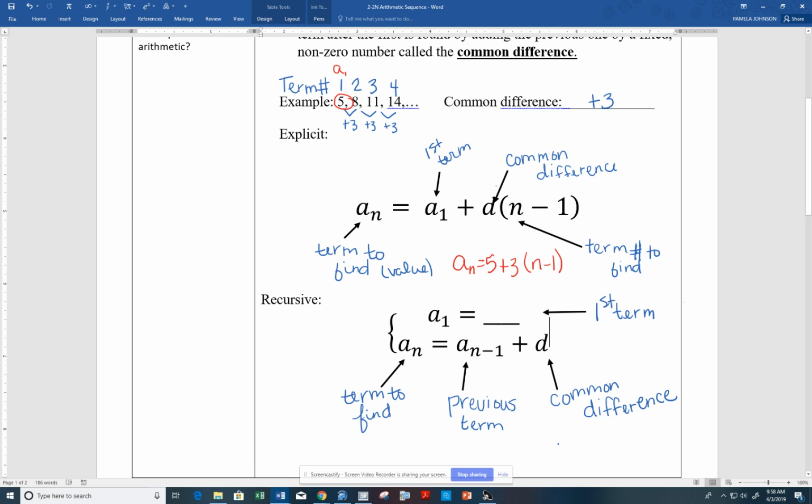So in the sequence that we have here, our a sub 1 equals 5. Our a sub n is going to be a sub n minus 1 plus 3. Now notice this n minus 1, this n, and this 1, they're all little subscript numbers.